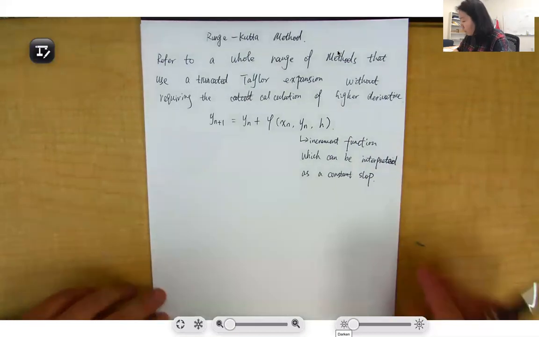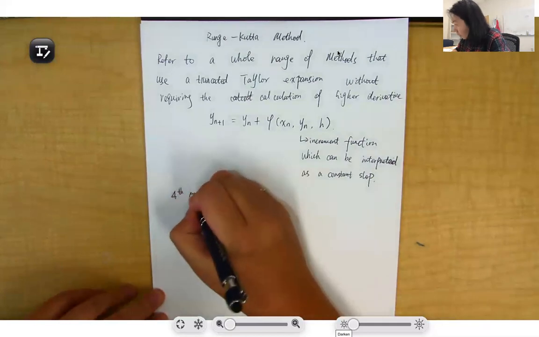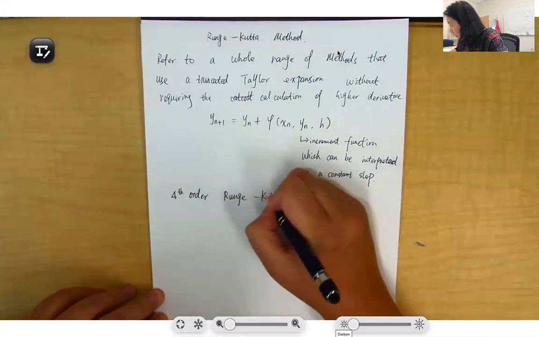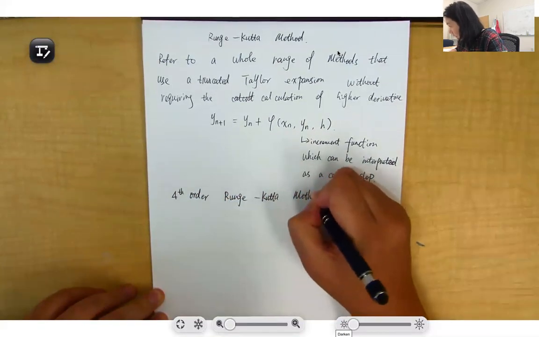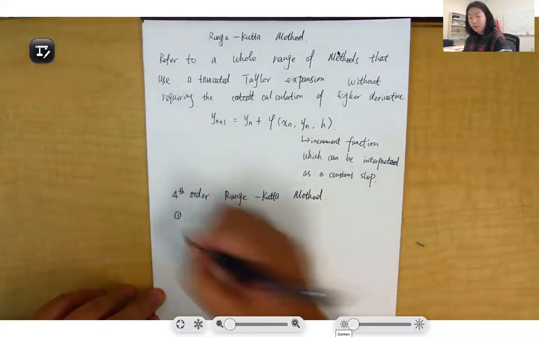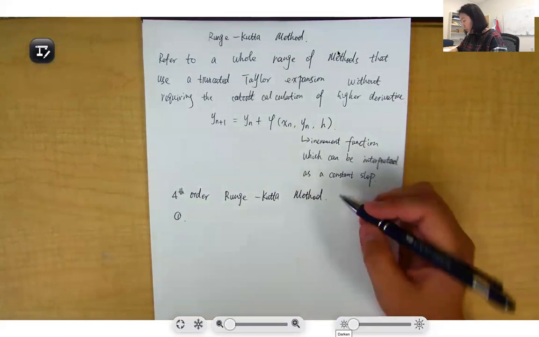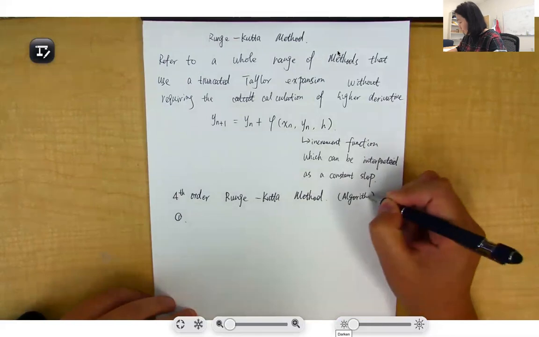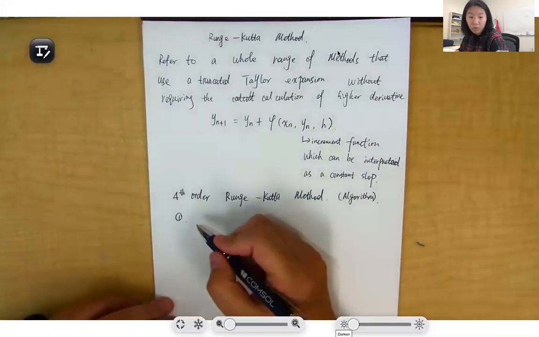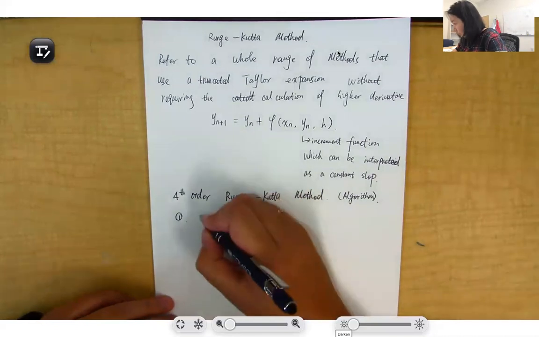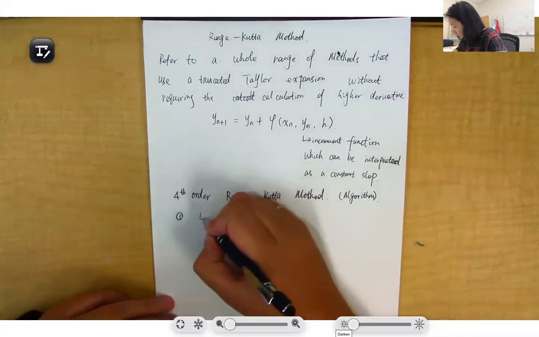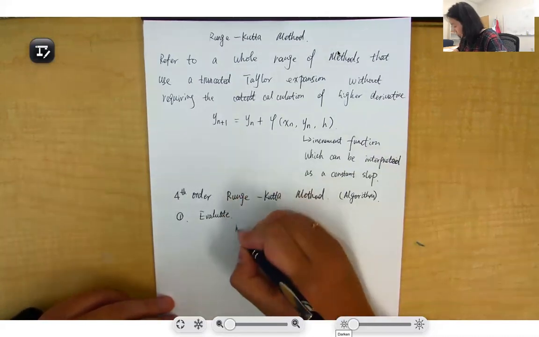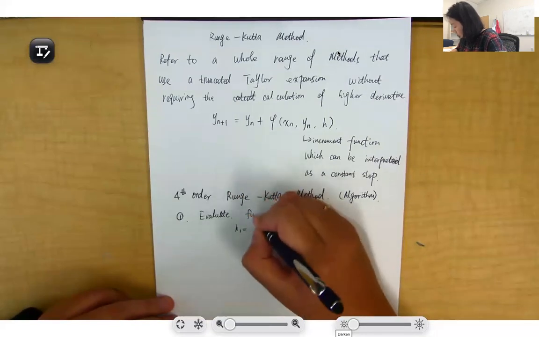Okay. So the fourth order Runge Kutta method. We will use a similar algorithm. We will talk about the algorithm here. Similar to Euler and modified Euler, we will first evaluate K1, evaluate the function.